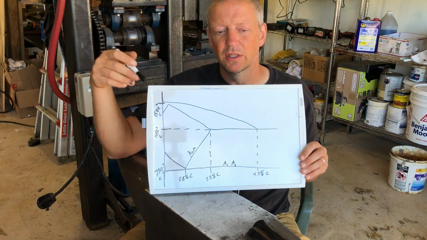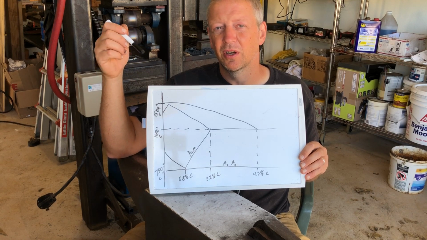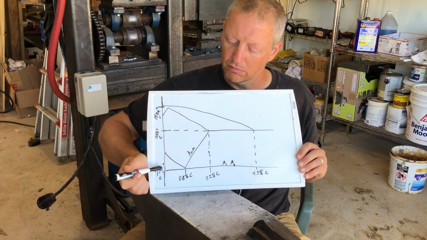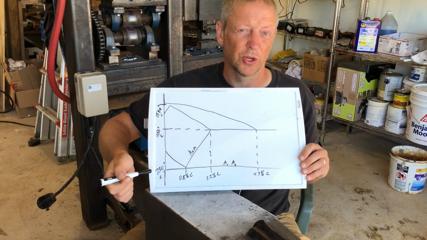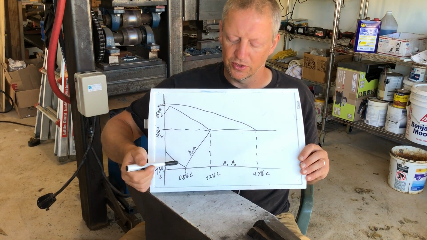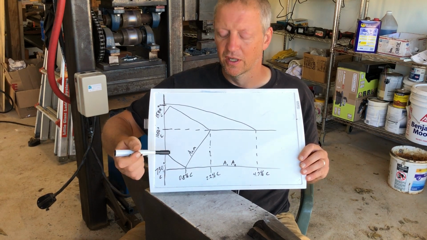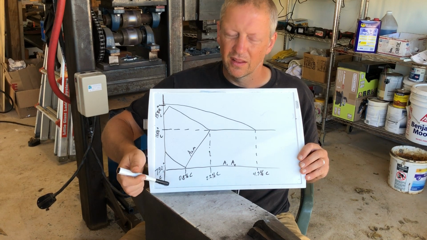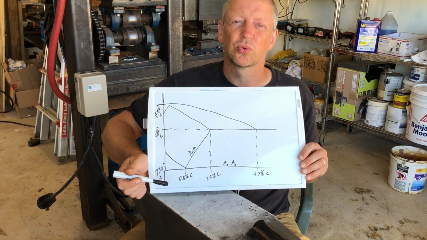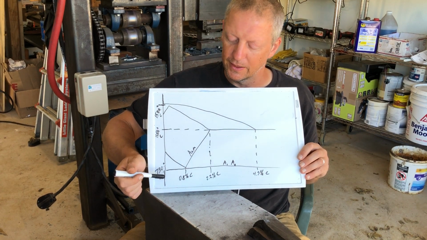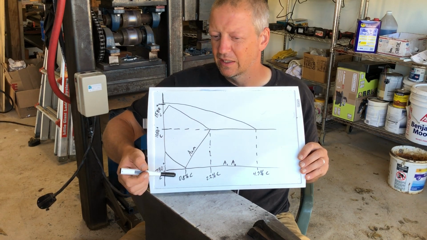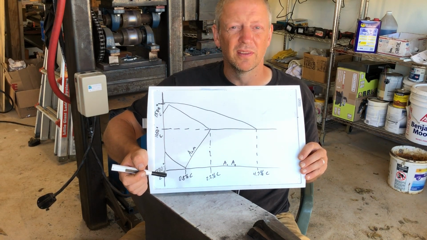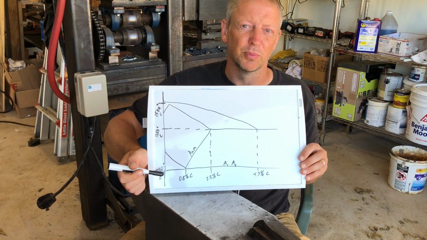The actual solubility of carbon in iron below this temperature here, critical temp as it's often referred, is incredibly low. I don't remember what it is, but it's a fraction of a percent.